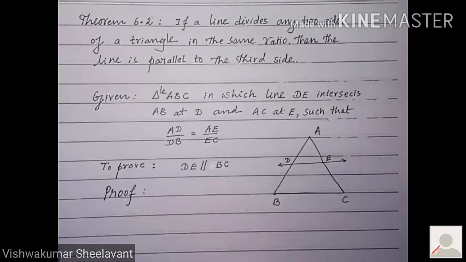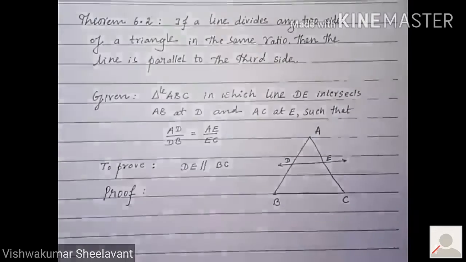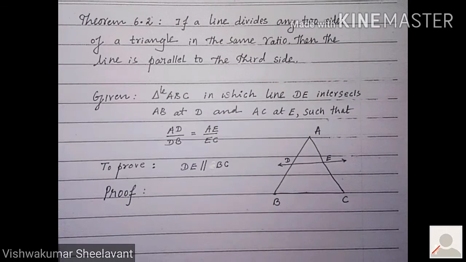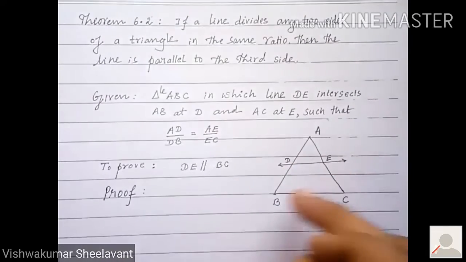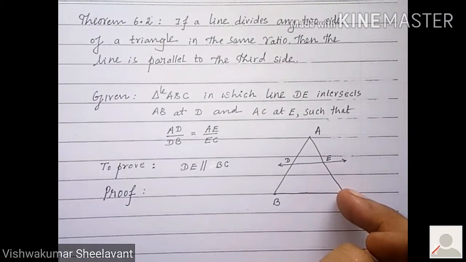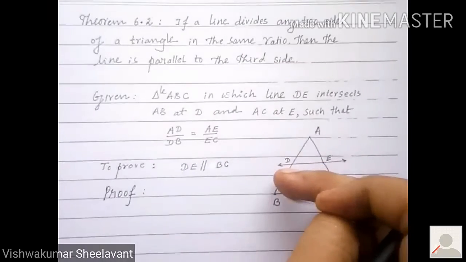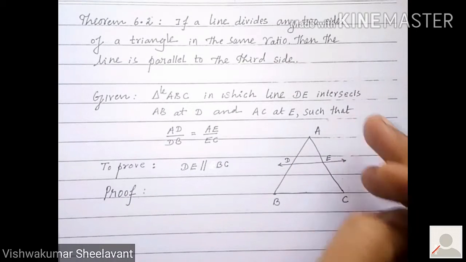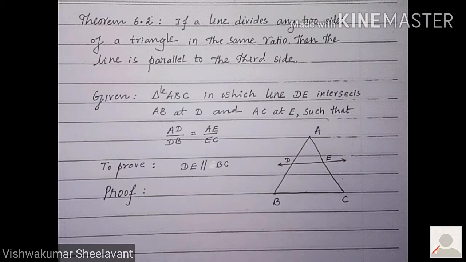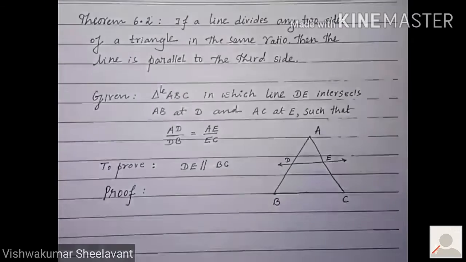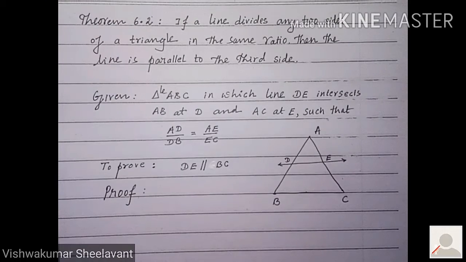Here we'll assume that DE is not parallel to BC in the beginning. If DE is not parallel to BC, then definitely there exists some line parallel to BC passing through D.